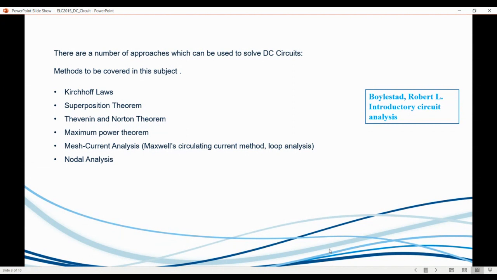There's a good book by Robert L. Boylestad. It focuses strictly on circuits. Normally in electrical engineering, there is a subject called electrical engineering which solely focuses on circuit analysis. With electrotechnology, we take a bit of power systems, 3-phase and motors, a bit of electrical machines, and mix it up into one subject.